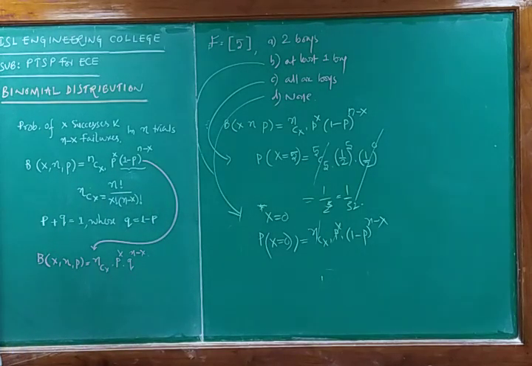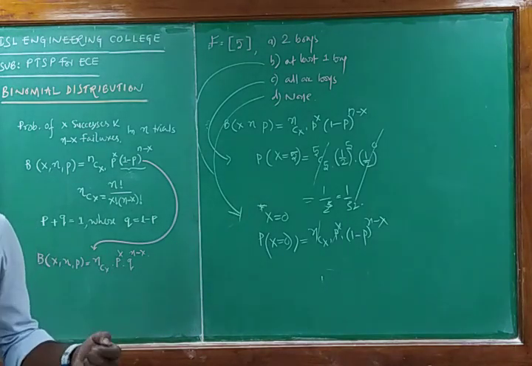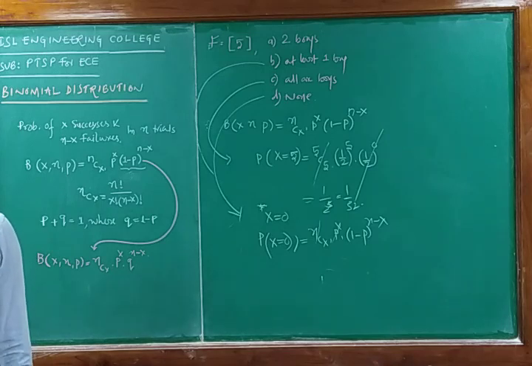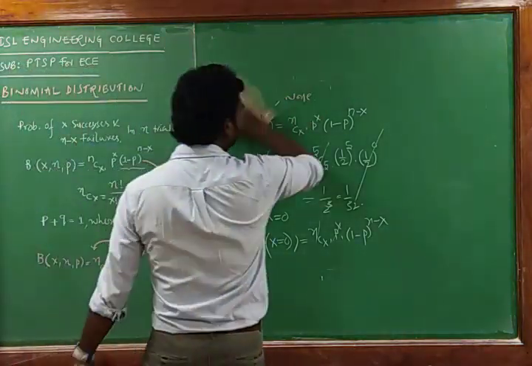Then the probability of success is, 9 cards are there, we are taking 1, so p is equal to 1 by 9, then q is equal to 1 minus p, which is 8 by 9, and x is equal to 0. n is equal to 4, as only 4 cards we have drawn. So we are going to have this problem.